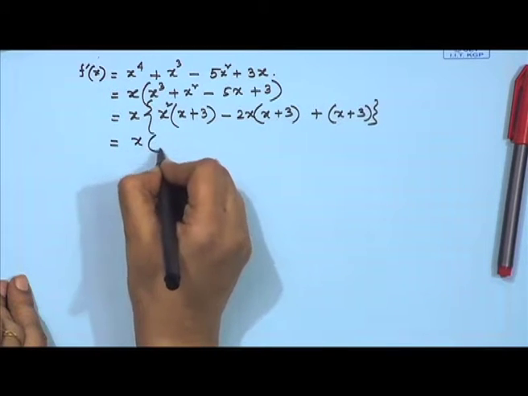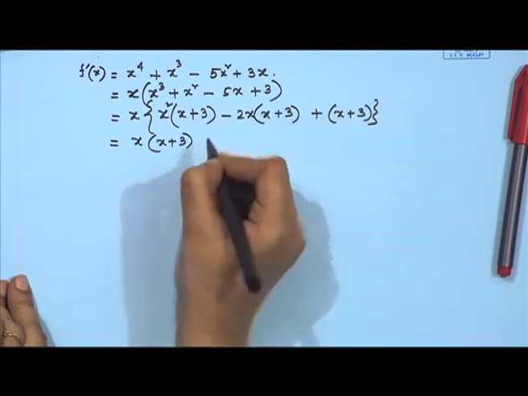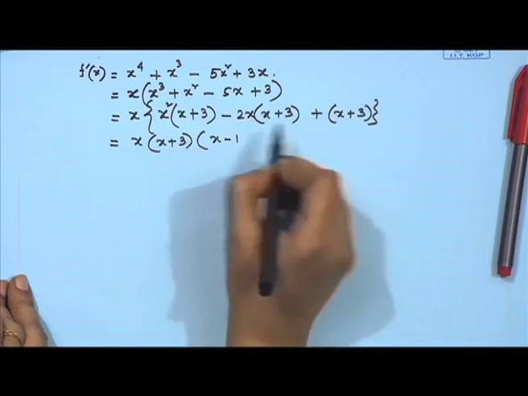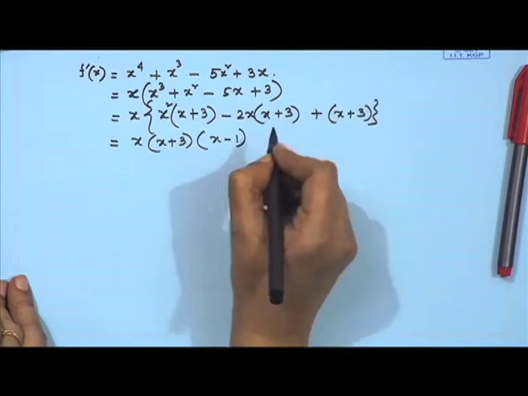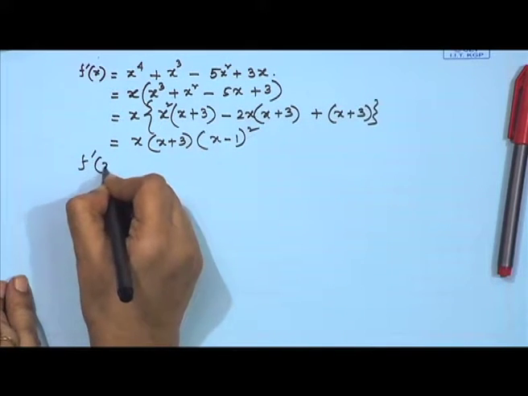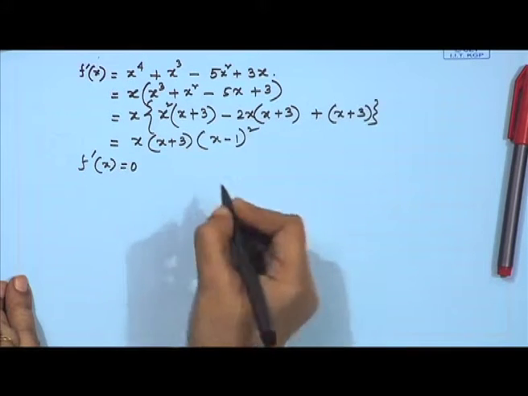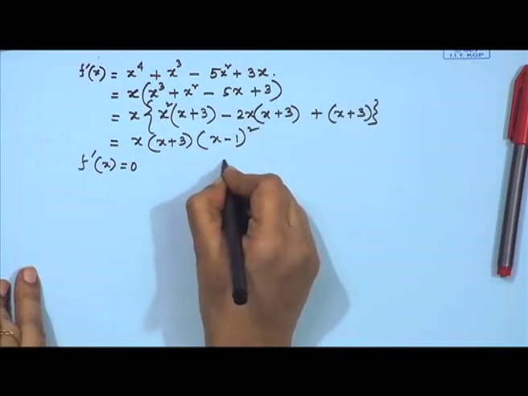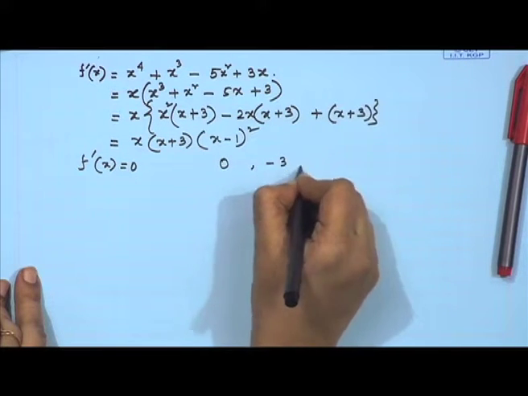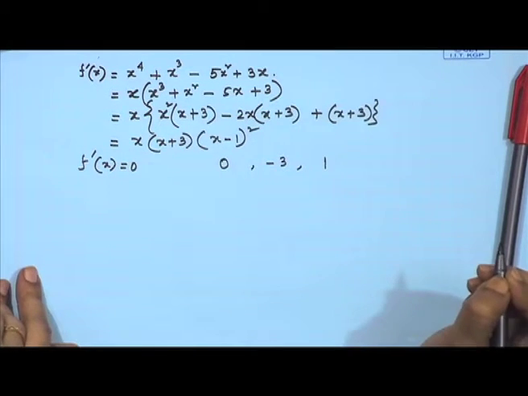Then x into x plus 3 and we get x minus 1 whole square, because x square minus 2x plus 1 is x minus 1 whole square. Now, if we equate f prime x equal to 0, then we get 3 stationary points for this. One is 0, another one is minus 3 and another one is 1.